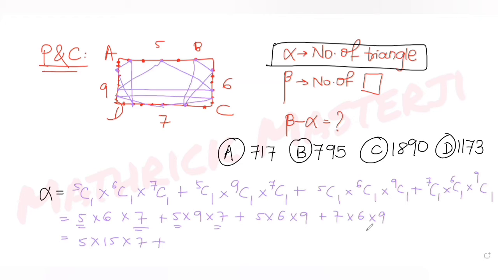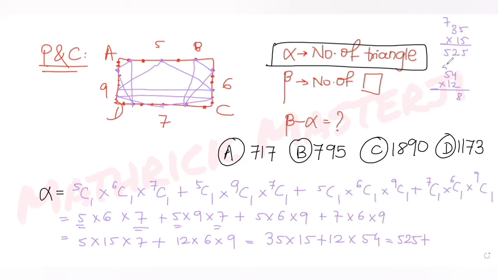From the last two I get 6 and 9 common, so 5 plus 7, 12, giving 12 into 6 into 9. Now multiplying: 7 into 5 is 35, into 15 is 525. And 9 into 6 is 54, into 12 is 648.